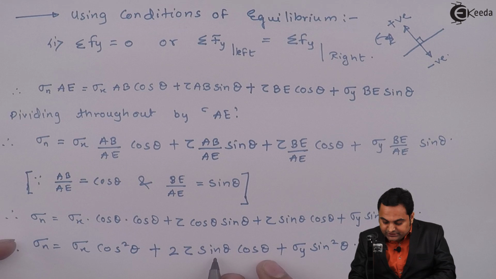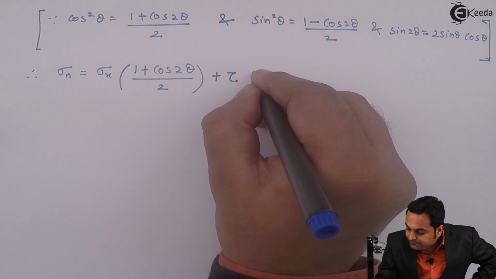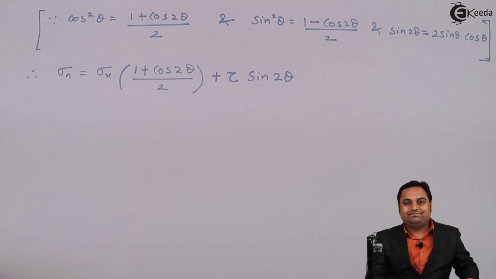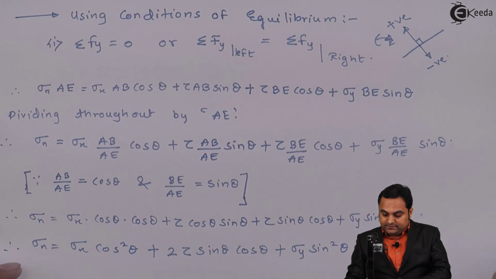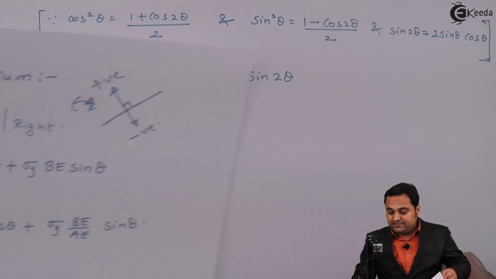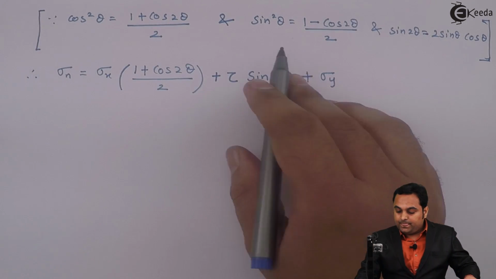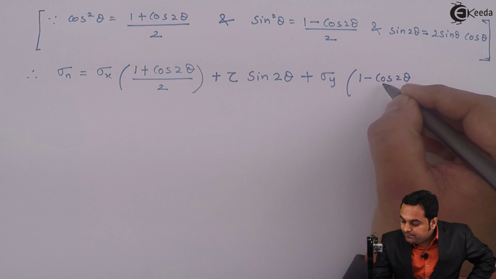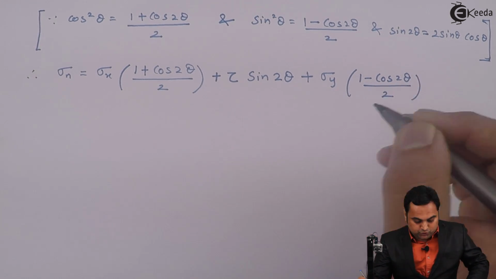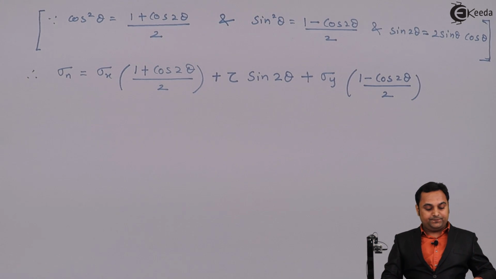Now 2 sin theta cos theta is nothing but sin 2 theta, then plus sigma y, which I will keep as it is, sin square theta is (1 minus cos 2 theta) by 2. So here I have used the formula and written it here.